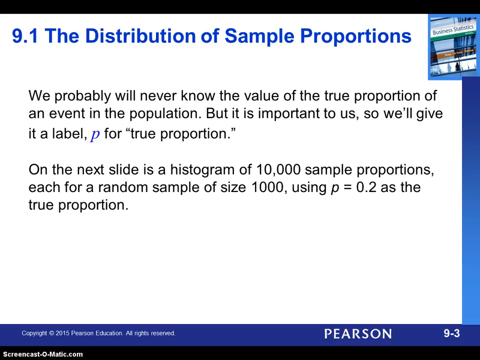So we're going to call the true proportion P. And what that means is of all DMAX students, so again, all the students across our 6 campuses and online, the 30,000 or however many there are, we're going to say that the true proportion is P, which means that's the percentage of students across all DMAX campuses that received no financial aid.